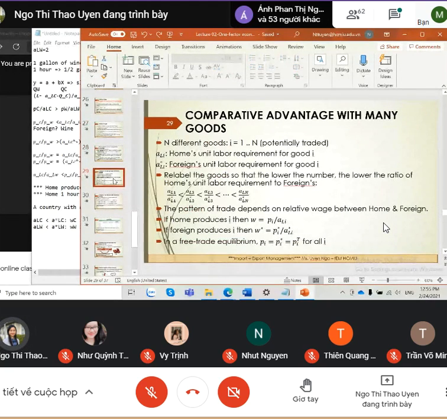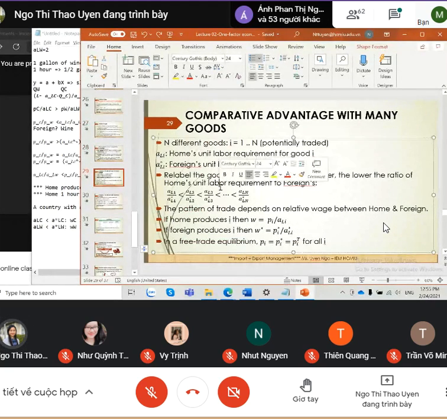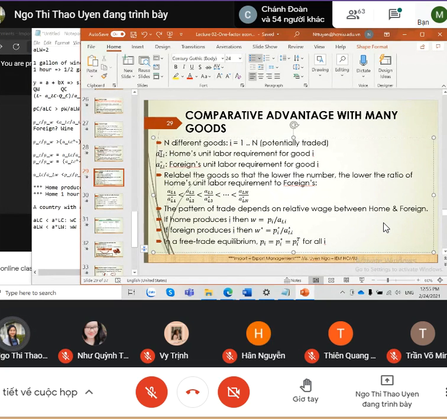Comparative advantage with many goods. Previously we have only two goods, wine and cheese, but now we have a list of goods, 1 to n different goods. For each good, we have the unit labor requirement of home and foreign, denoted by this term and this term.